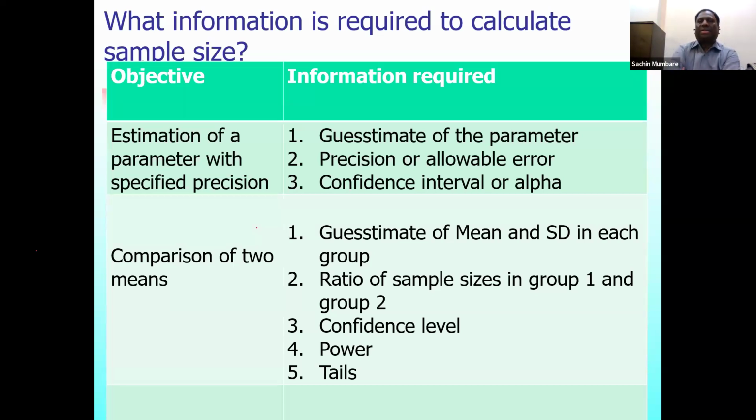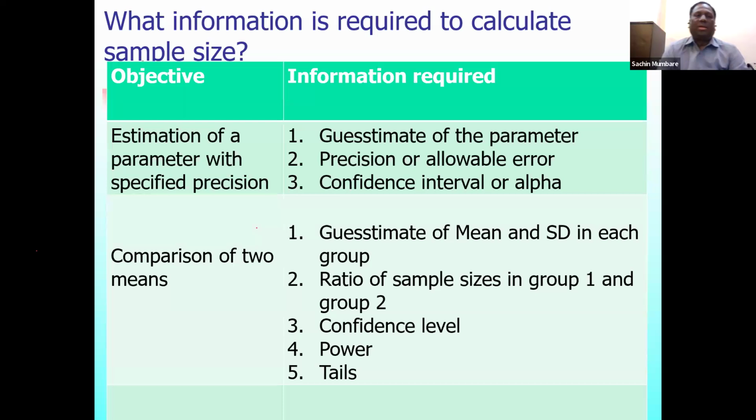Confidence interval is usually taken as 95%, or if confidence interval is 95%, alpha is 5%. I'm not going into the mathematical details or conceptual statistical details of those things. You know very well what is confidence interval or alpha. So you must know these three things if you want to estimate any population parameter.